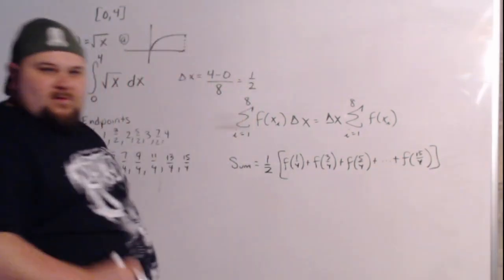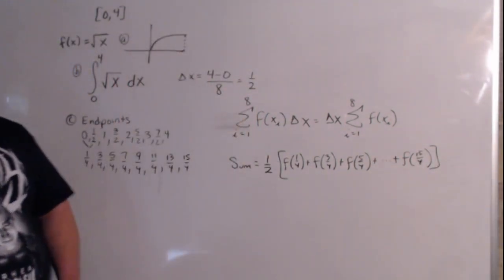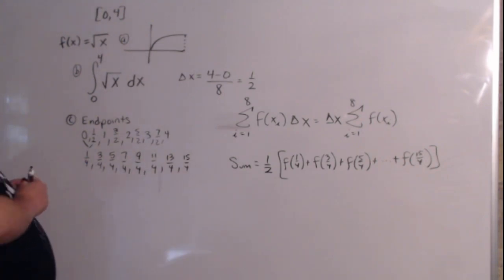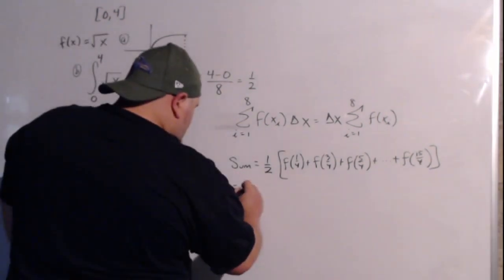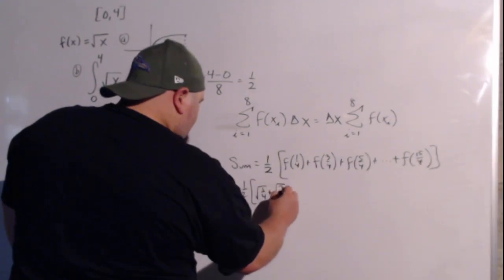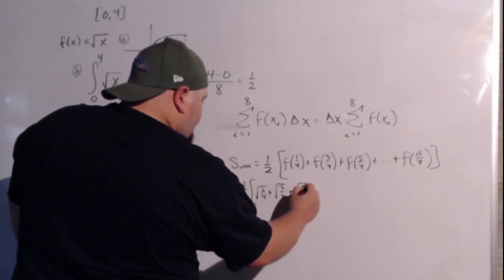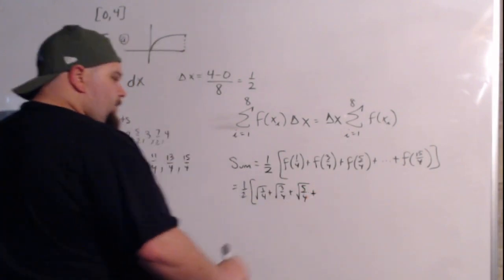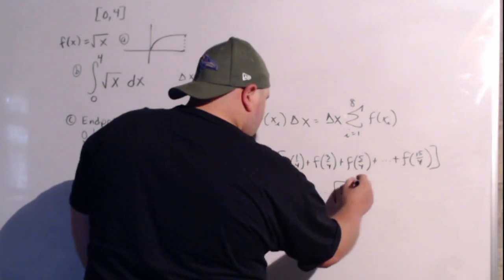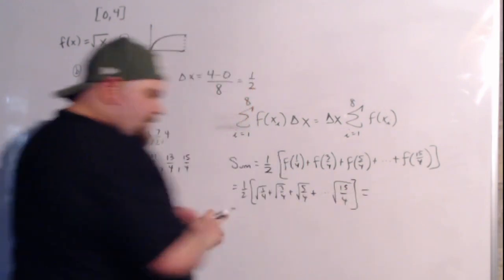Okay, so all the way out to 15/4. So that's really going to be 1/2 times the square root of 1/4 plus the square root of 3/4, square root of 5/4, and so on. So go ahead and try and calculate that while I'm doing it.